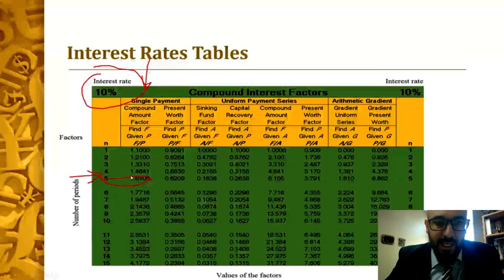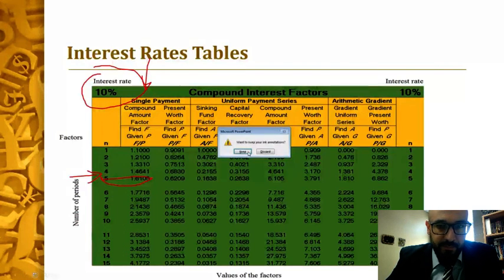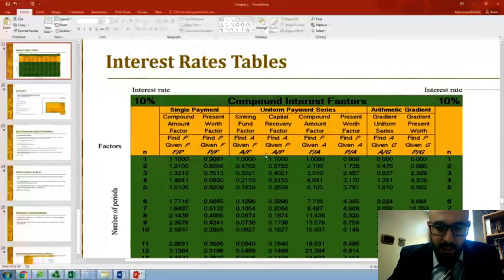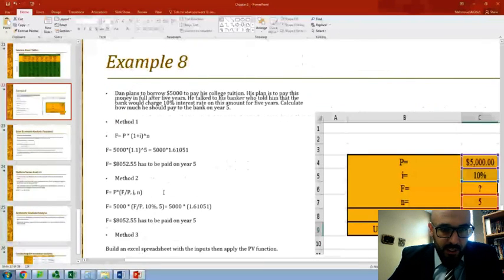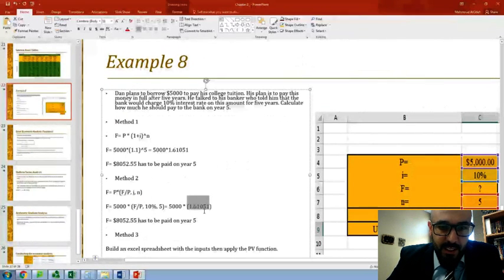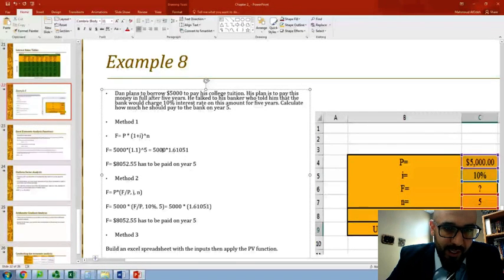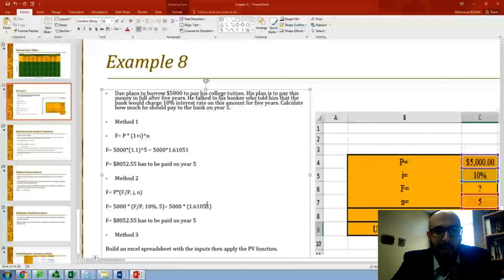You plug that number into the equation, 5,000 times this number, and it's the same number we got from the equation.